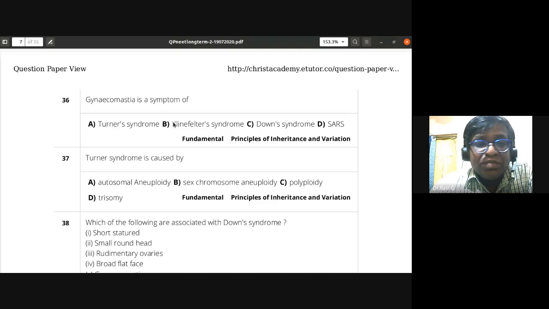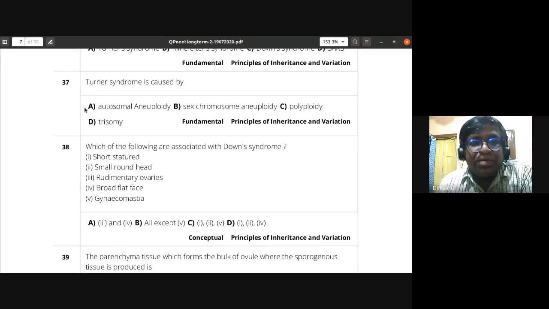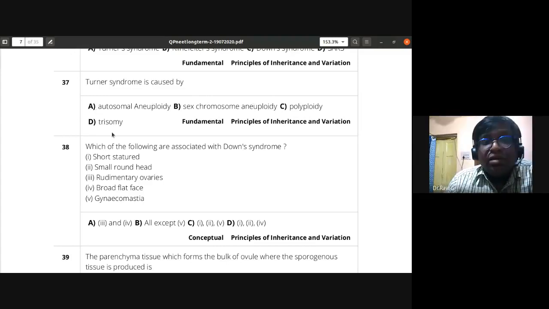Turner syndrome is caused by, so what is Turner syndrome caused by? Is it autosomal aneuploidy, sex chromosome aneuploidy, polyploidy, or trisomy? It is sex chromosome aneuploidy. So in particular, if they had given it as monosomy, allosomal monosomy. Aneuploidy is imbalanced set of chromosomes.